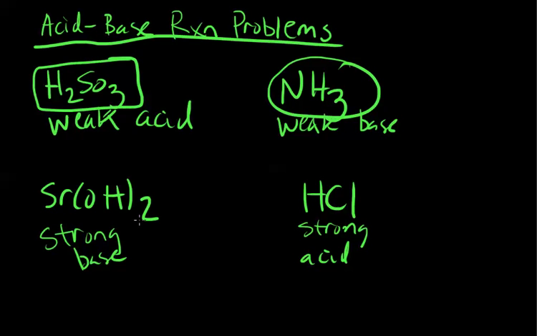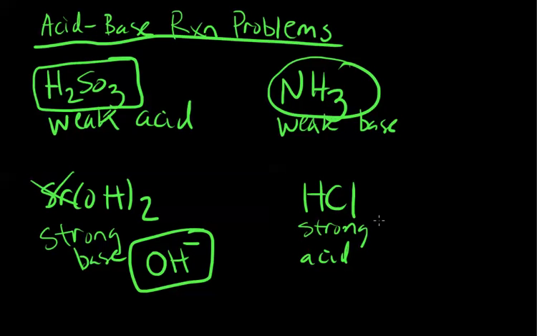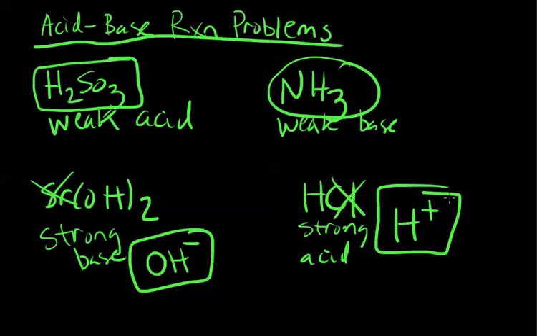But remember, in a net ionic equation, when you have a strong base, the strontium is going to end up being a spectator ion. So the species that is reacting for a strong base is hydroxide ions. For hydrochloric acid, the chloride is going to be a spectator ion when this ionizes, and so what reacts is the hydrogen ion.